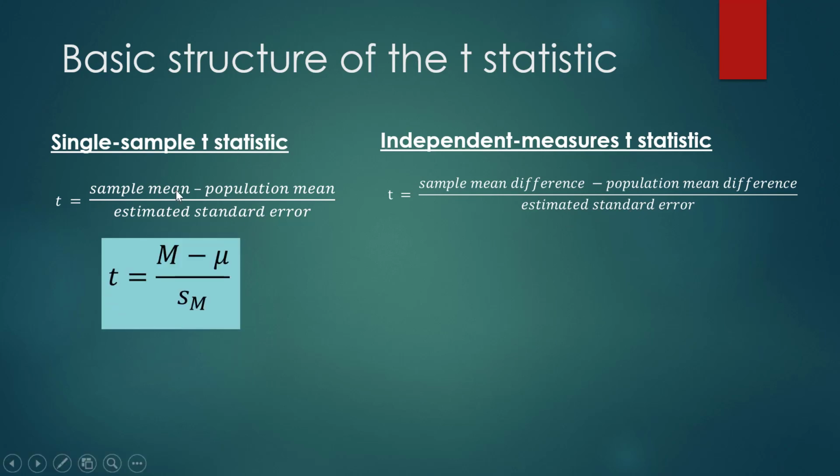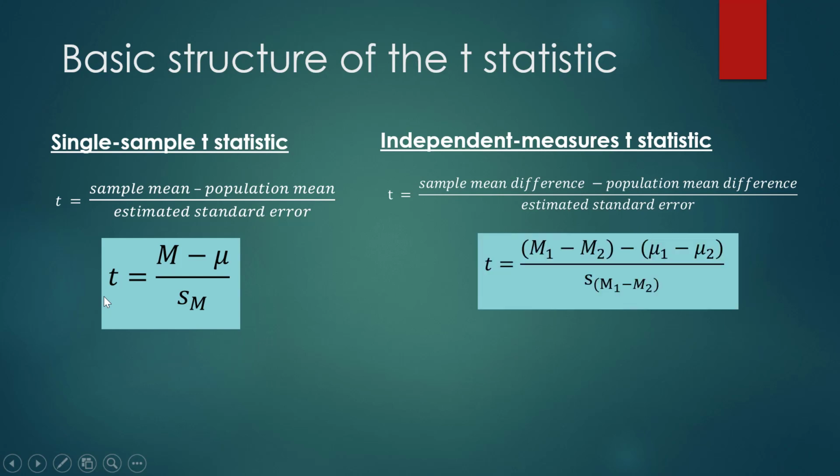This formula is from the previous chapter for our one sample t-statistic, and this is what the formula looks like for the independent measures t-statistic. Because of what we hypothesize, this is going to be 0. So really what we're comparing is the mean of sample 1 subtract the mean of sample 2. Our standard error formula is going to be a little bit different as well.